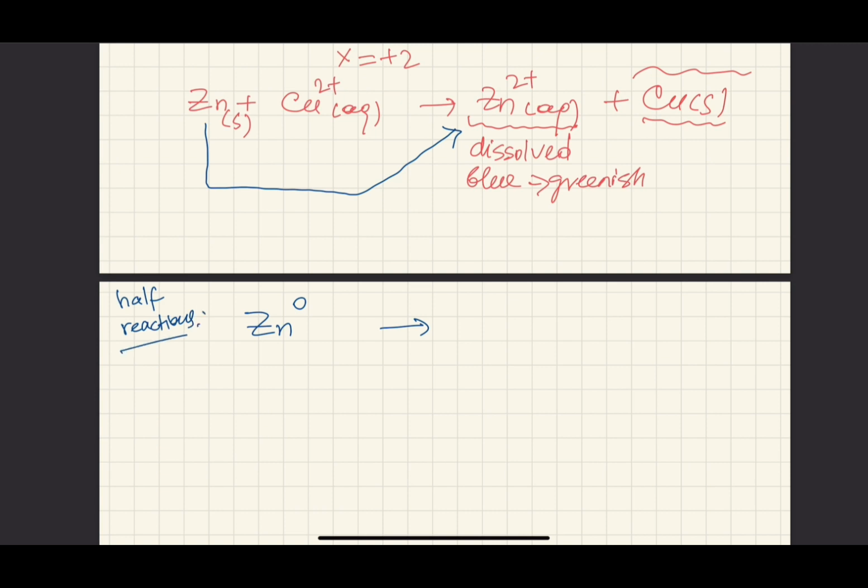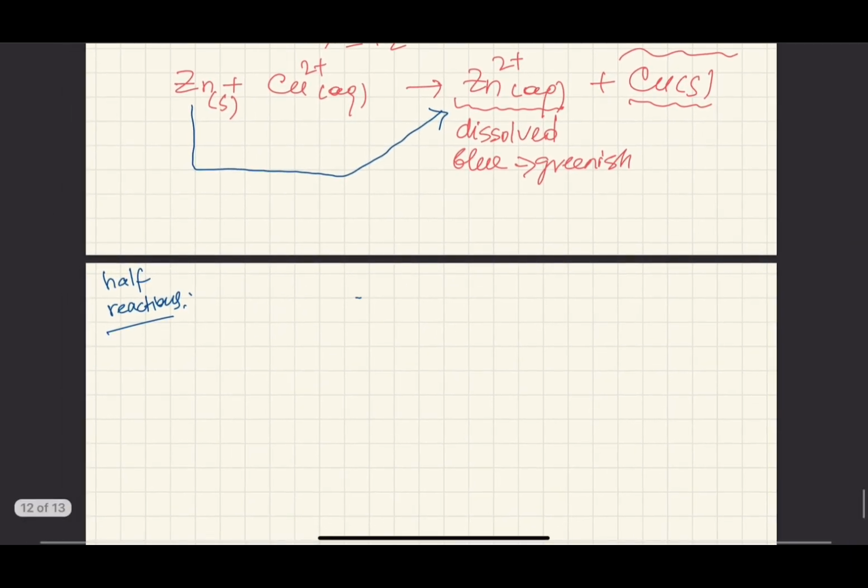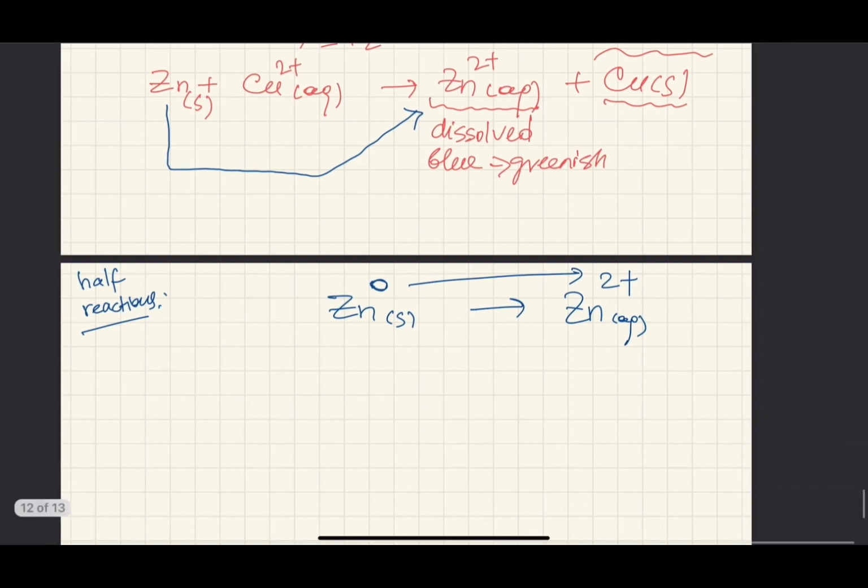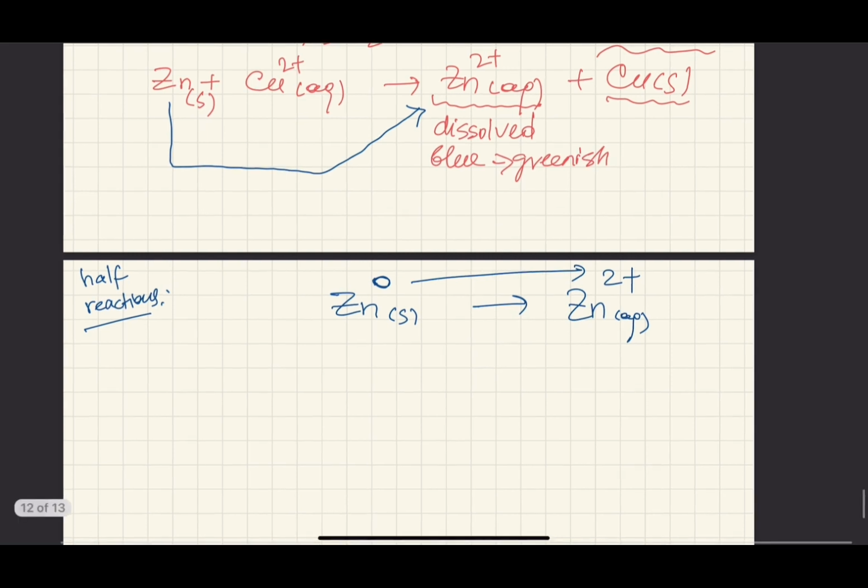I'm looking at zinc went from 0 to zinc plus 2 charge, solid state to aqueous solution. As you guys can see, it went from 0 to plus 2, right? So the oxidation state number increased mathematically. So that's why this is oxidation.